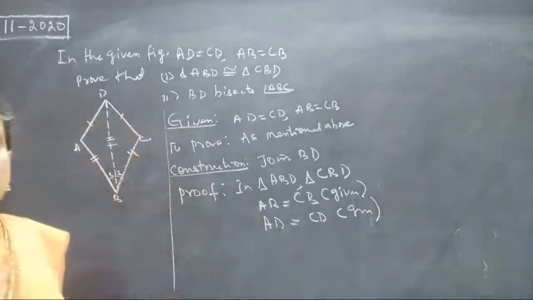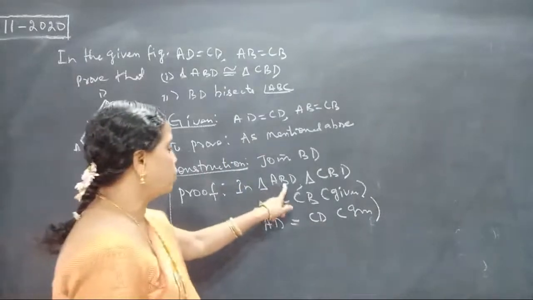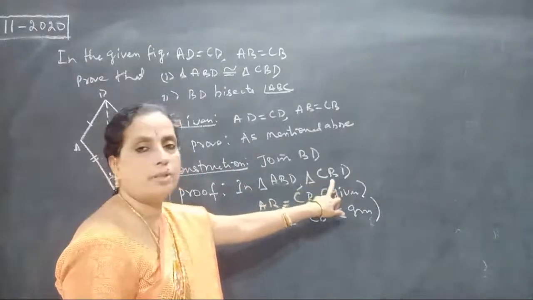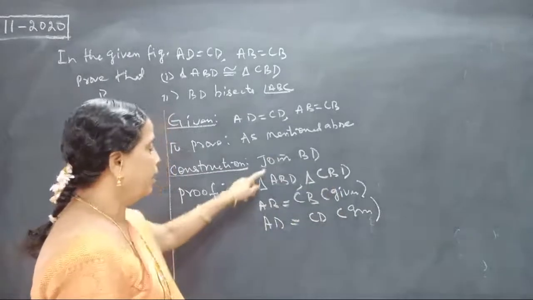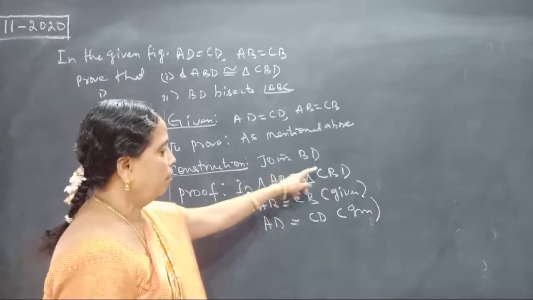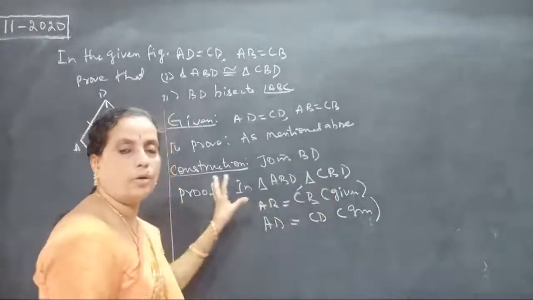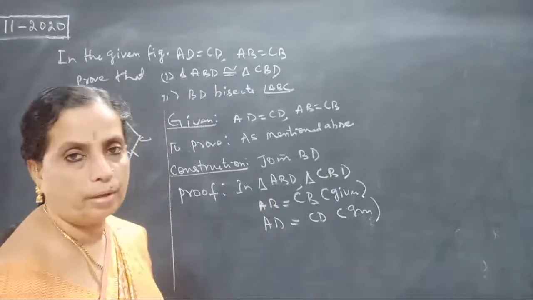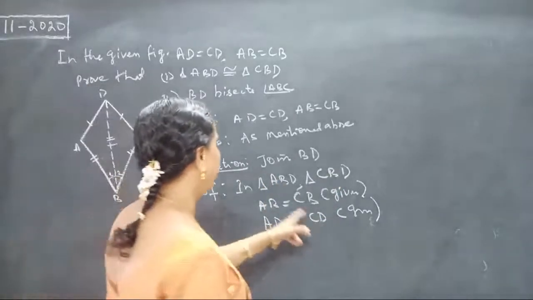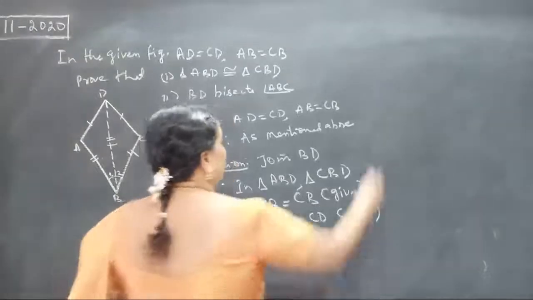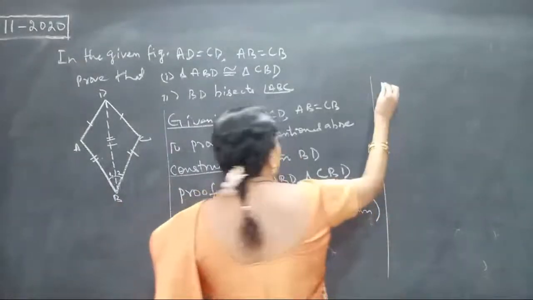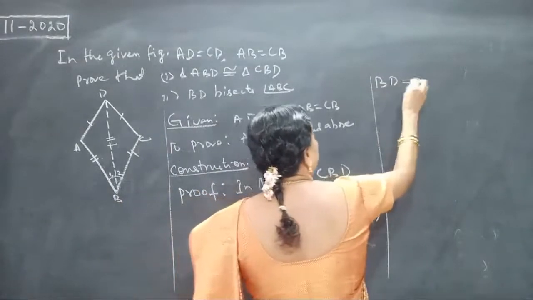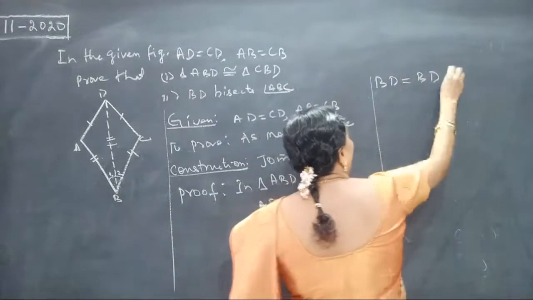So according to the condition, AB first two letters, CB first two letters, AD first and the third letter, first and the third letter. So the order should be in proper way. Okay? AD equals CD, AB equals CB, and the third matching part is BD equals BD common.